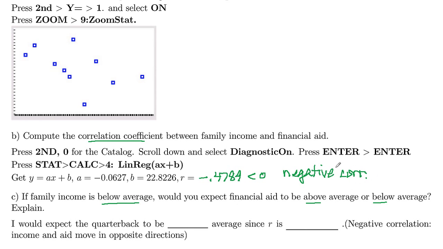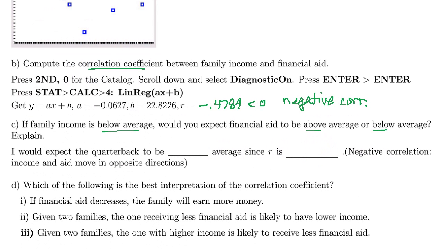As family income goes up, financial aid generally will go down, and as family income decreases, financial aid generally will increase. That doesn't mean it's a cause and effect relationship. It just means that higher values of one variable are associated with lower values of the other. So if our income's below average, we would expect our financial aid to be above average.